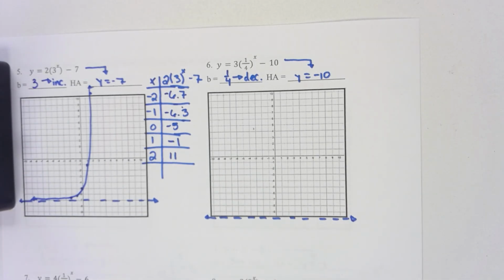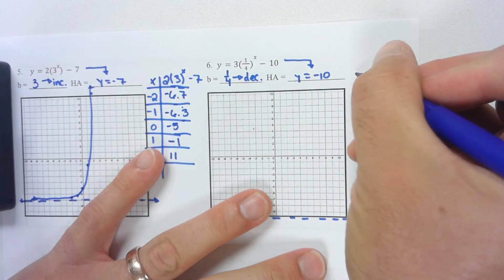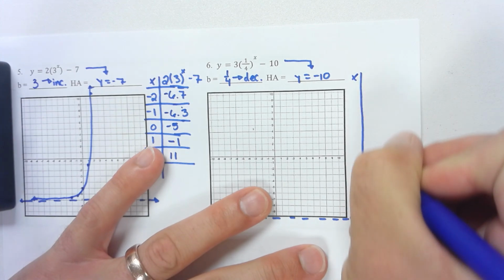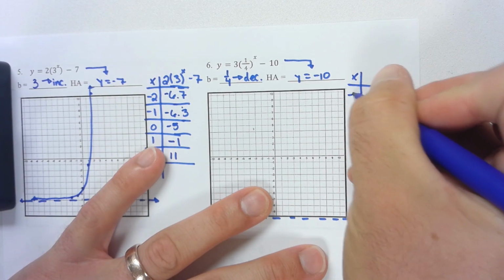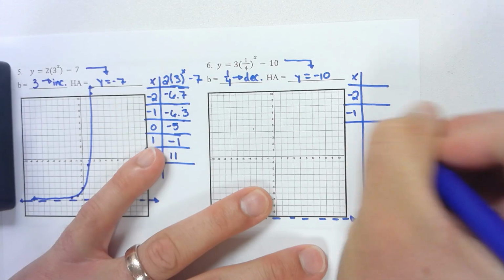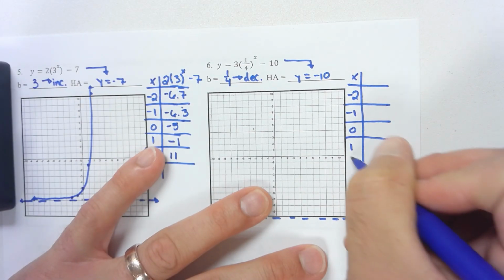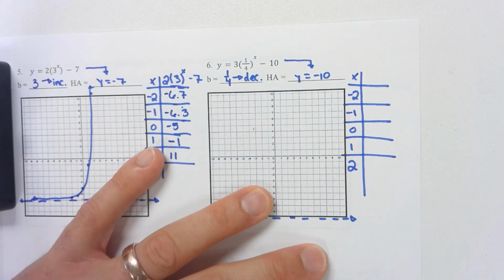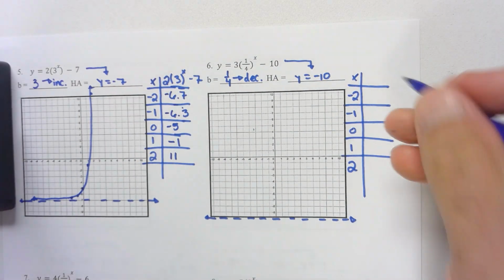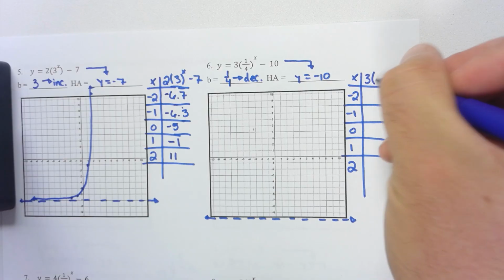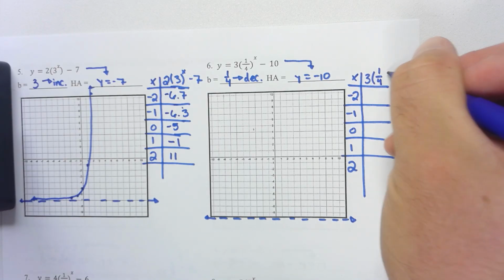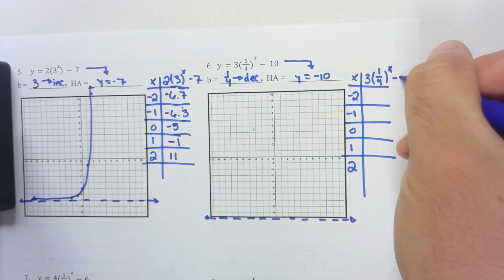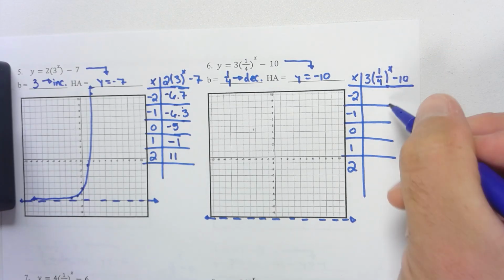And now we'll create our table using the same x values as always, being x's from negative 2 to positive 2. And we're going to plug it into 3 times 1/4 to the power of x minus 10.